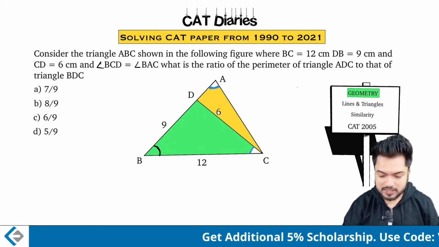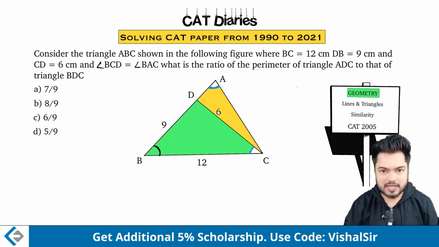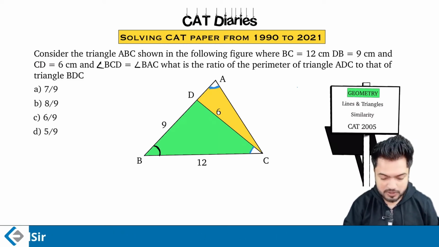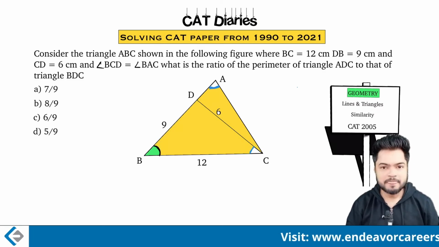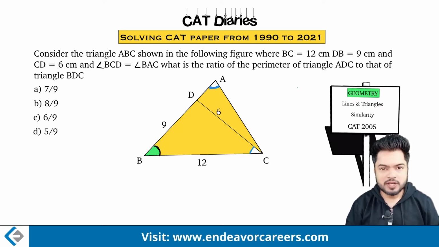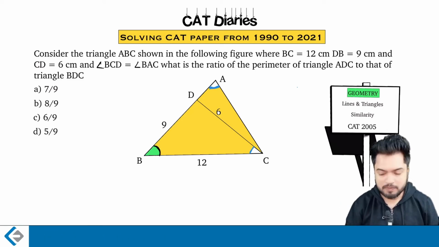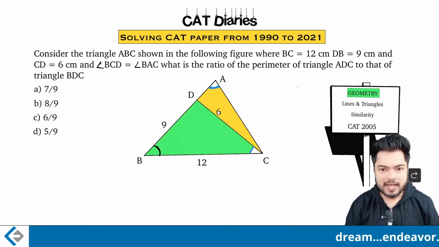Understand this. BDC is only the green part, and ABC would be this entire yellow. So the green part is being compared with the entire yellow, not just the part of the yellow at the top. This is a full triangle that I'm talking about.